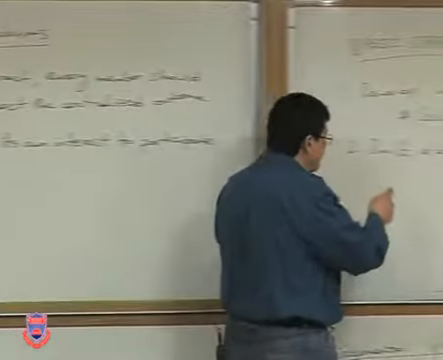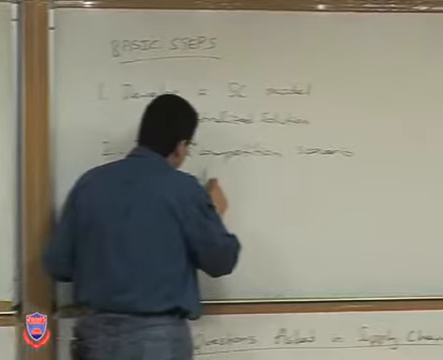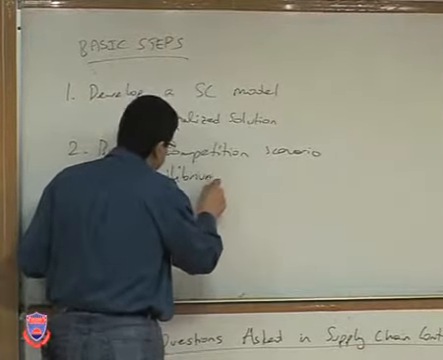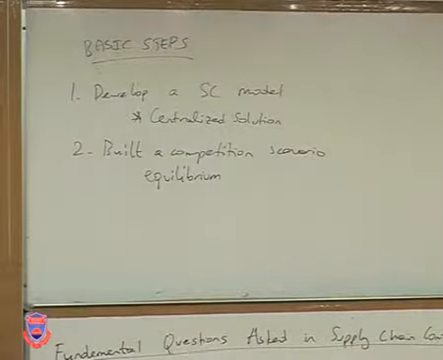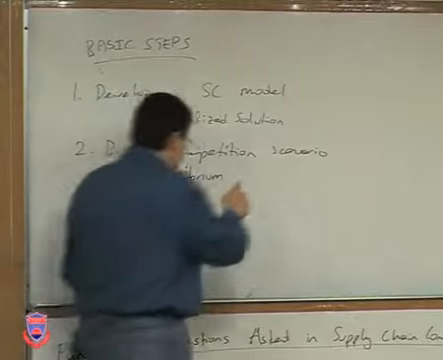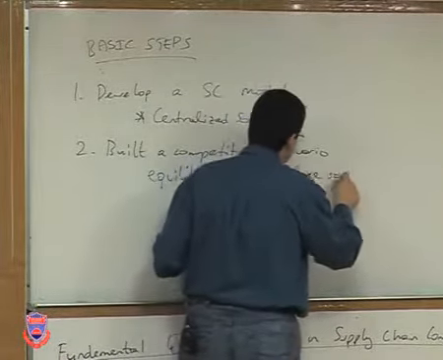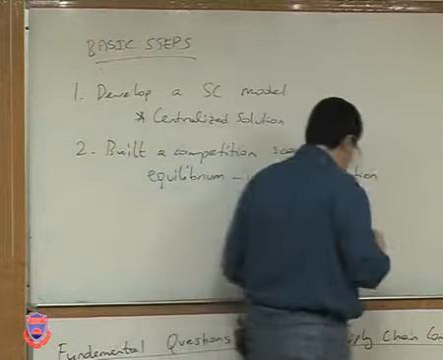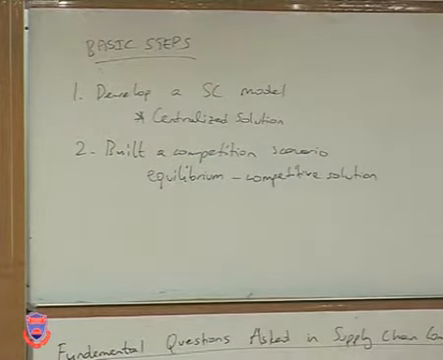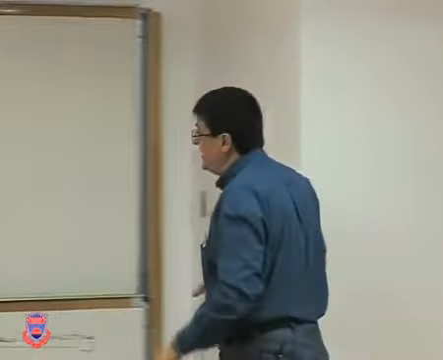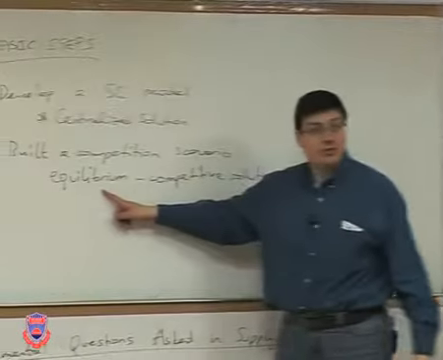Now, then what you achieve is some kind of an equilibrium. We call this the competitive solution. Now, it turns out that even if you don't have competition, you have vertical relationship between firms, you again have the notion of equilibrium.